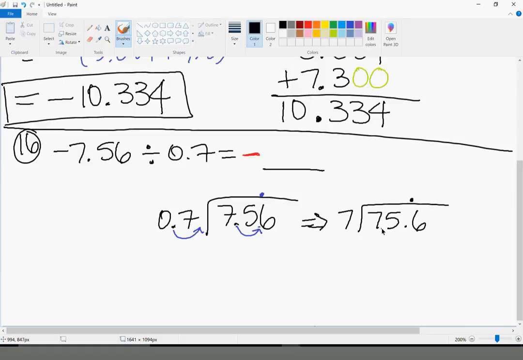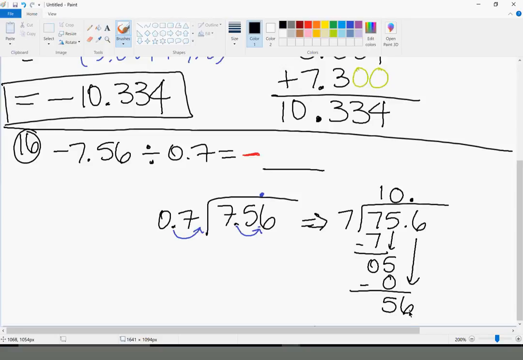So 7 divides into 7 one time. 1 times 7 is 7. Subtract and bring down the next number, which is a 5. So now 7 goes into 5 0 times. 0 times 7 is 0. Subtract. Bring down the next number.